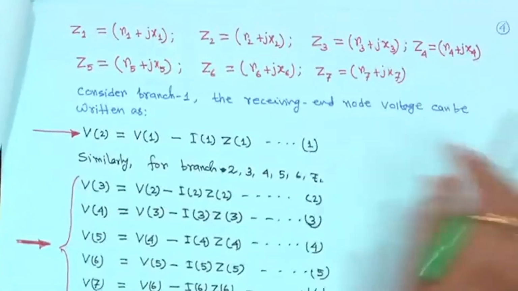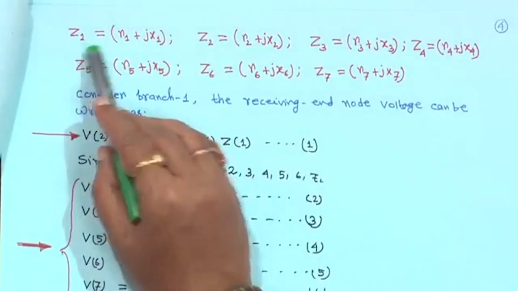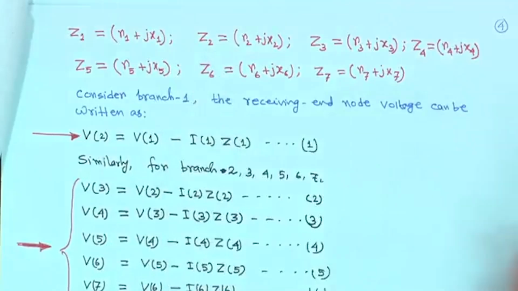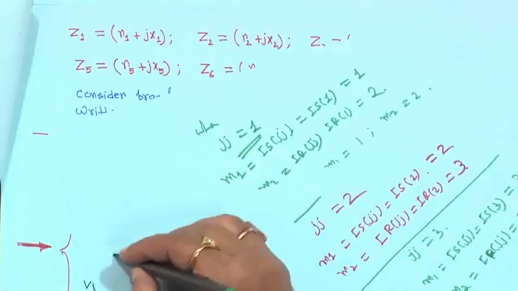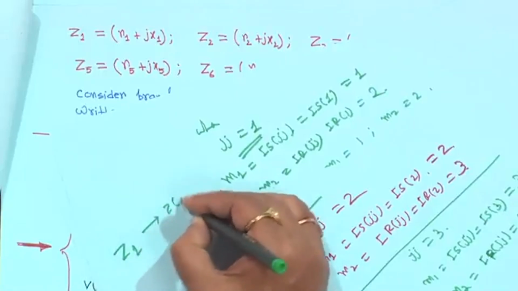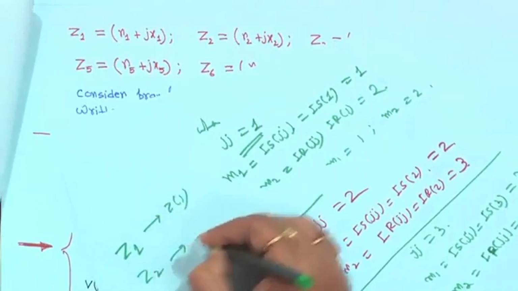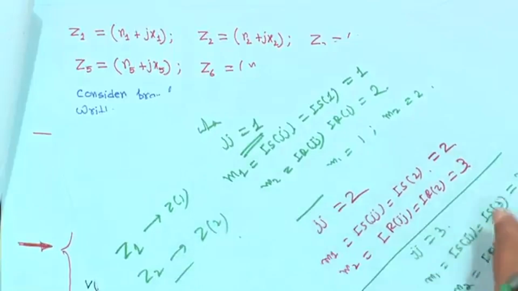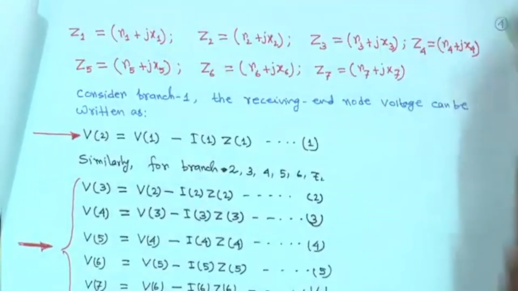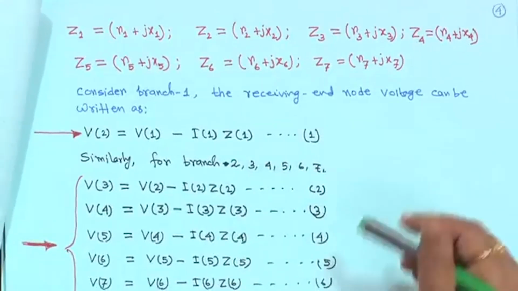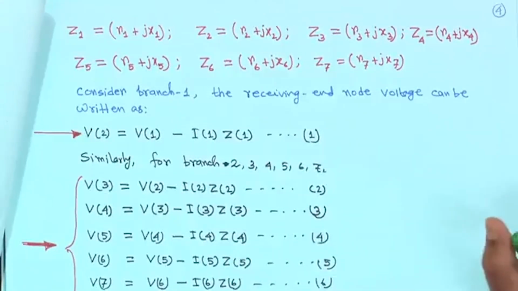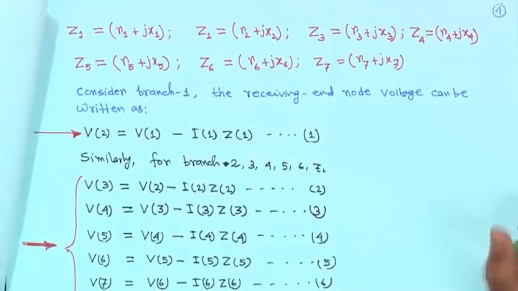Here I am writing Z1, Z2 this way for easy writing, but everything remains the same. Z1 means Z bracket 1, the same thing, Z2 means Z bracket 2, the same thing, right. But I put it this way because, when I was making this slide, I was thinking from the coding point of view, so that it will be very easy for you to understand, right.